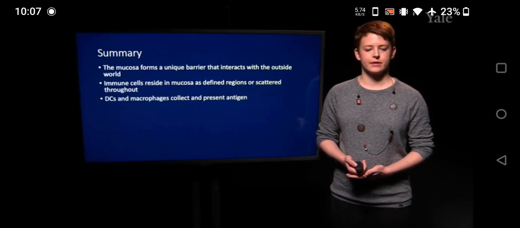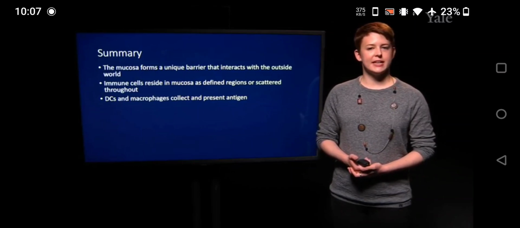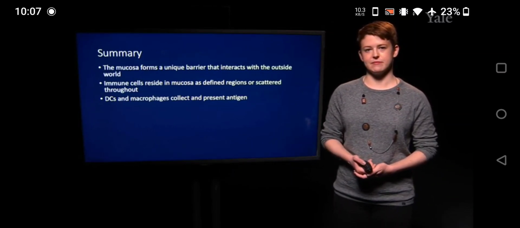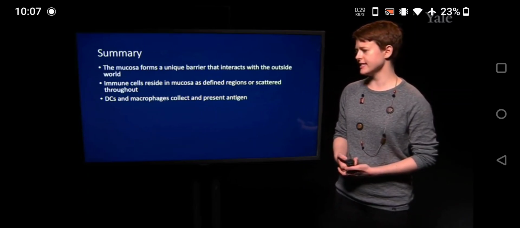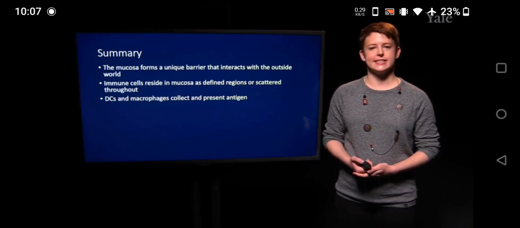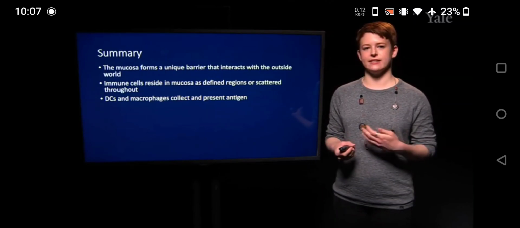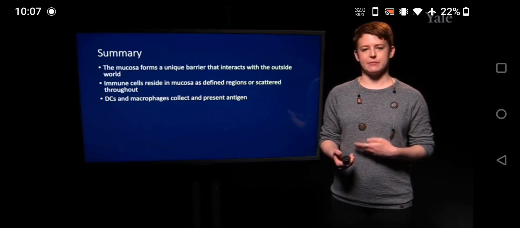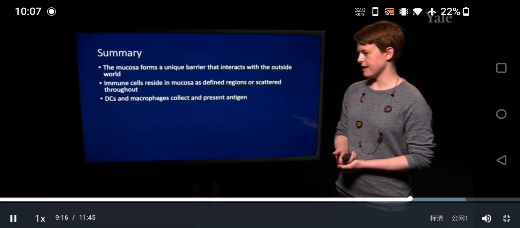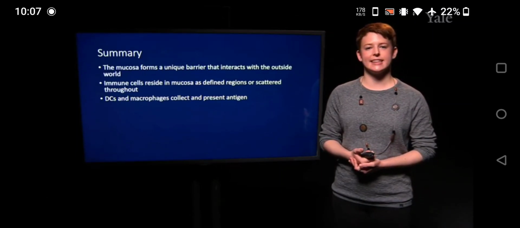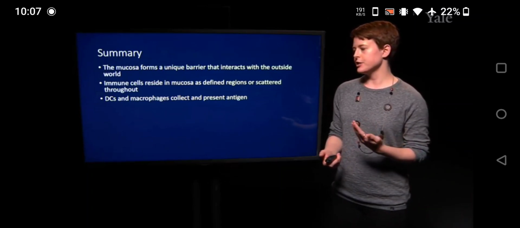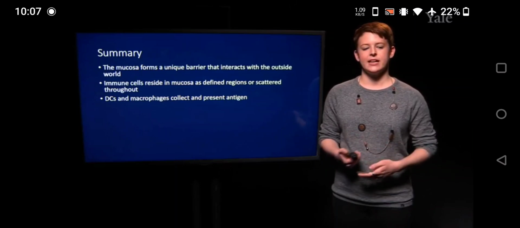So we have some innate immune cells that we talked about, such as dendritic cells and macrophages. And these cells are important because they help bridge the gap between the luminal side and the apical side of the epithelium. So we can see that these cells will take up microbial and food antigens, transport them across the epithelium, and present them to T and B cells.